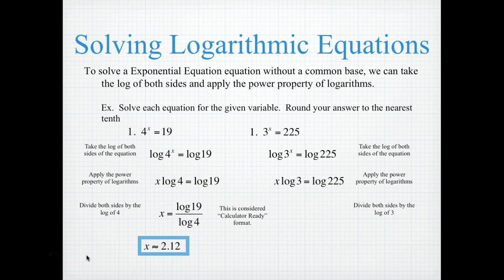And now I isolate my variable by dividing both sides by the log of 3, so x equals log of 225 over the log of 3. And again, this is considered calculator-ready format. Inserting this into the calculator gives me an approximate value of 4.93.